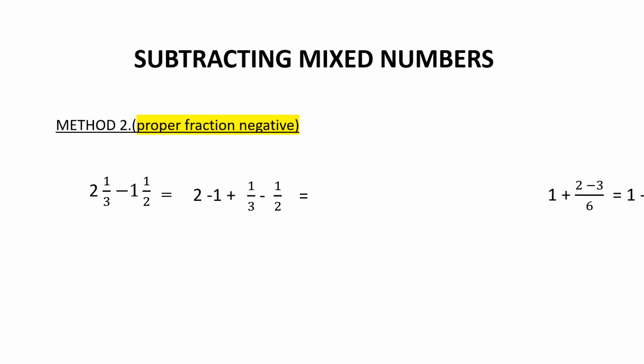Now 1 from 2 gives us 1, and when we take away a half from 1/3, we end up with 2 minus 3 over 6, which gives us negative 1/6. So therefore we'll have the 1 whole number plus negative 1/6, so it's just 1 take away 1/6.